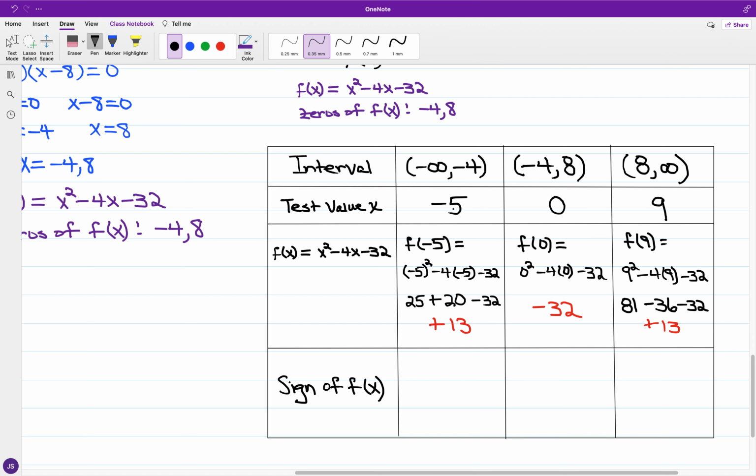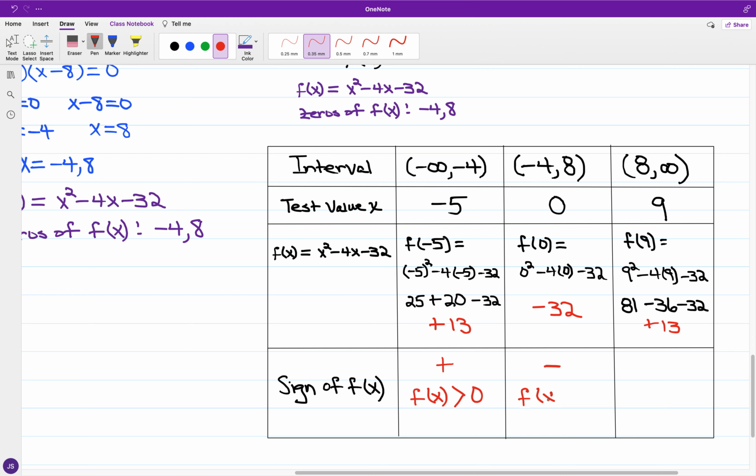And just looking at what would be the corresponding y values. When x is -5, your y is going to be f of -5. So I'm just looking at the function values right now. Anything less than -4, we have -5 as an input, and the corresponding y value, 13, is going to come out to a positive amount. So your f of x value will come out to a positive. And anything between -4 and 8, but not including -4 or 8, is going to result in a negative output.